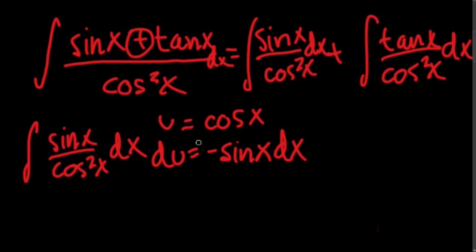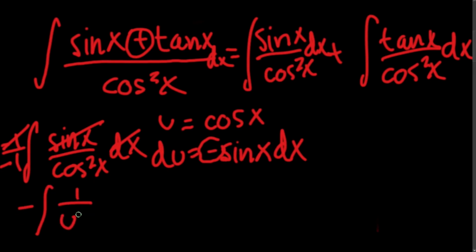And in order to sub in our du, we have to get rid of this dx, we have to get rid of this sine x, and we have to multiply by negative 1 over negative 1, because we have a negative symbol right here, so that that negative gets canceled out. And now we're left with 1 over negative 1, which is just negative 1 over u squared.